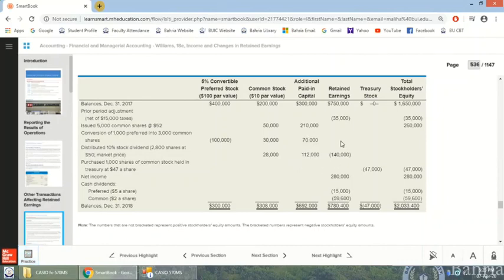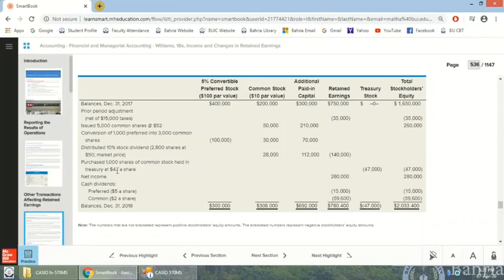So this is 140: 112 plus 28. Again, there's no effect. So you can see that if you convert the stocks or you issue the stocks as stock dividends, both would not have any impact on the stockholders' equity, because they would just cancel out each other.